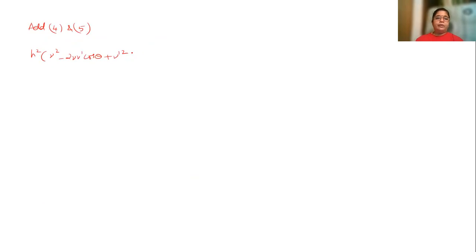This whole thing is equal to m square v square c square cos square phi. This is my equation 4, plus h square nu dash square sin square theta is equal to m square v square c square sin square phi.